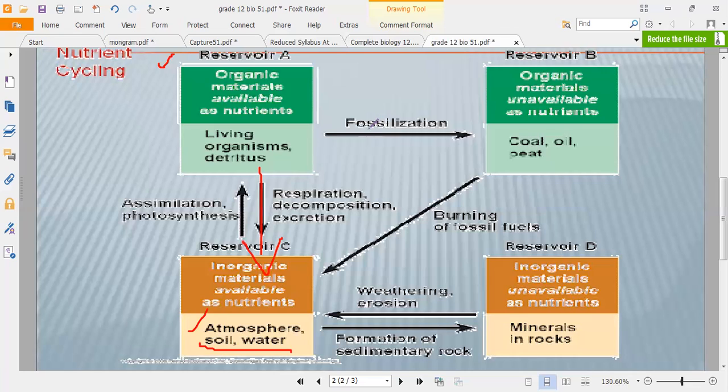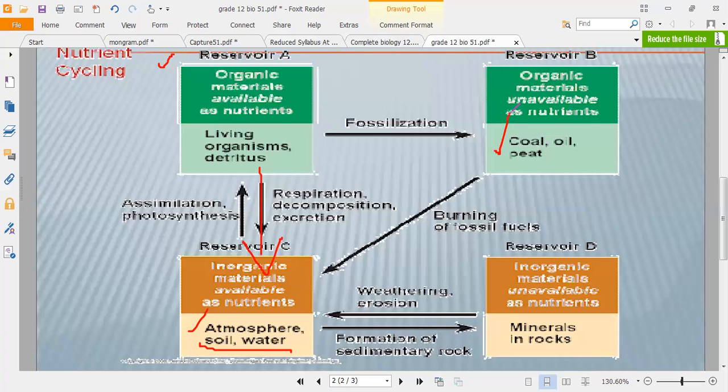In reservoir B, that is also organic material, but it is not present in the living organism. It is made from living organisms that were fossilized millions of years ago under the ground, through sedimentation over millions of years, becoming coal, oil and peat.